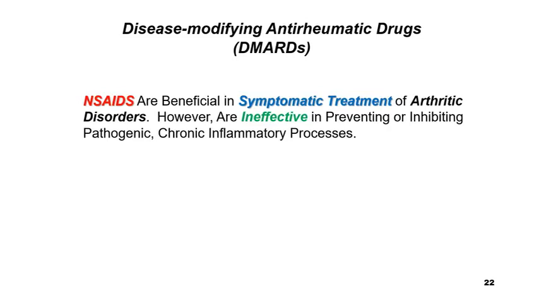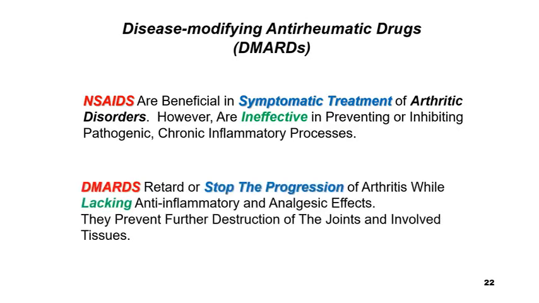Disease-modifying anti-rheumatic drugs, or DMARDs, are the third class of therapeutic classification. The DMARDs are drugs that are beneficial not in symptomatic treatment of arthritic disorders, but they stop the progression of arthritis, while they lack the anti-inflammatory or analgesic effects of traditional non-steroidal anti-inflammatory drugs.